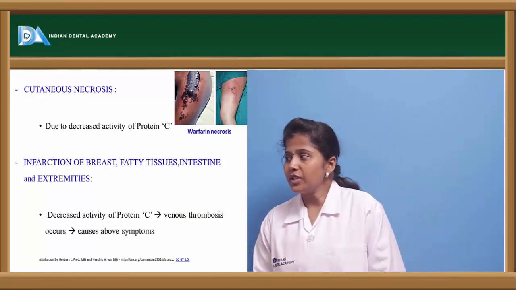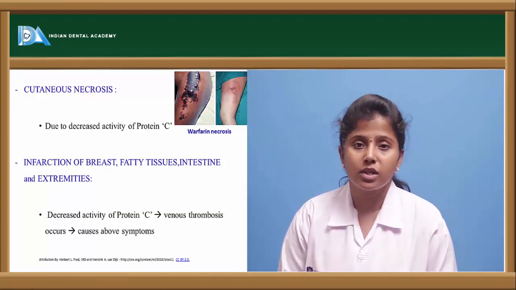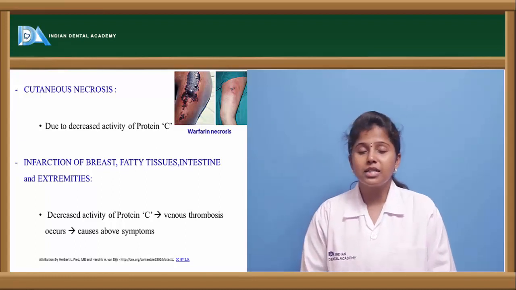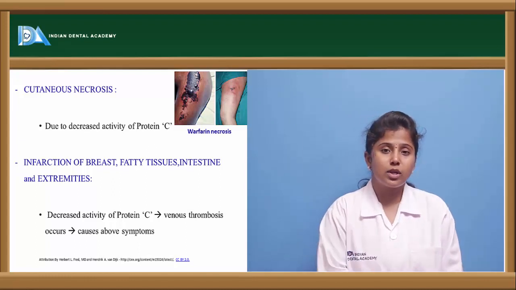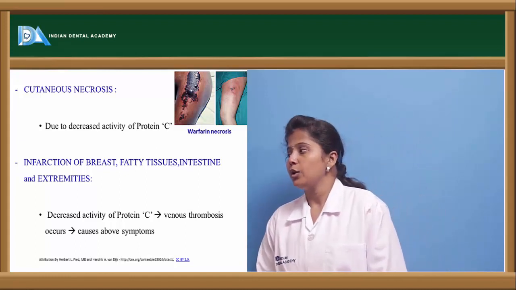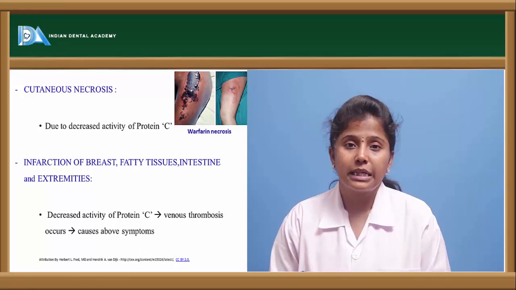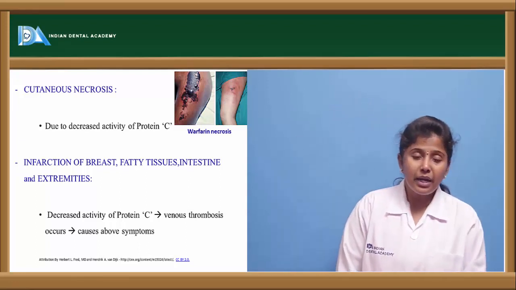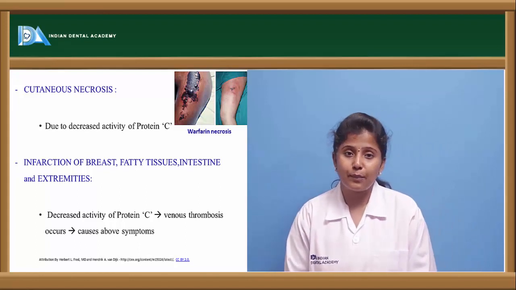If we see, it causes cutaneous necrosis. So it causes damage to the tissue, or if we give it through the subcutaneous route, it causes necrosis or damage at the particular site due to the decreased activity of protein C. So protein C is one of the main proteins which aids in the development of the tissue.